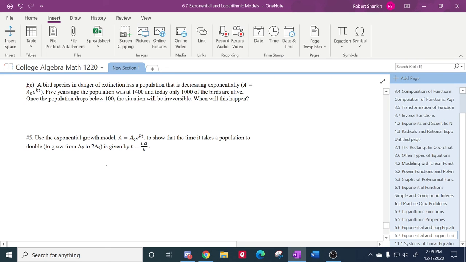So the original modeling equation is this.